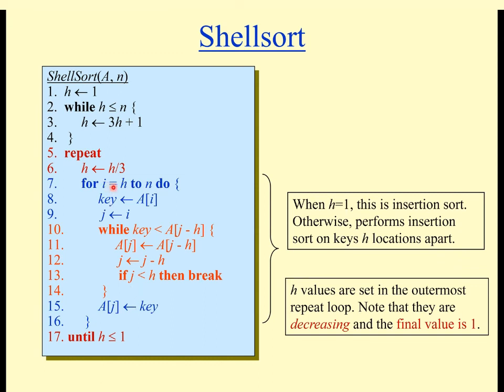So for I, it is from H to n. The reason is that at most you can reach H, and if you minus H, you will get 0, right?